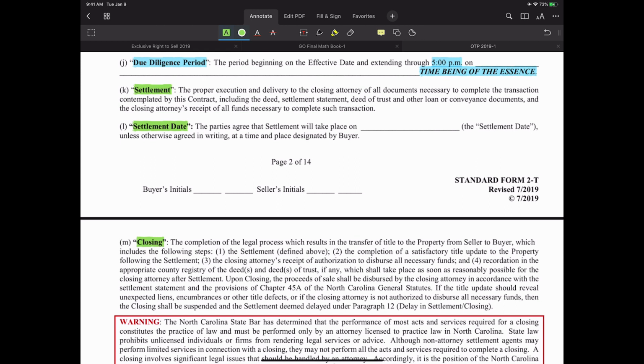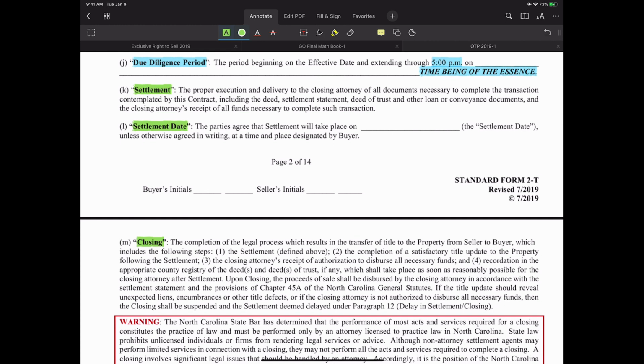No, settlement's a process. Settlement's a process when you're collecting documents. The attorney's collecting documents. They're doing title investigations and things like that. Settlement date is when everybody's getting together, signing the documents. It's a little party. You may do it together. You could do it remotely. I mean, these are just the date that we're shooting for, that we hope the exchange of the property is going to take place.